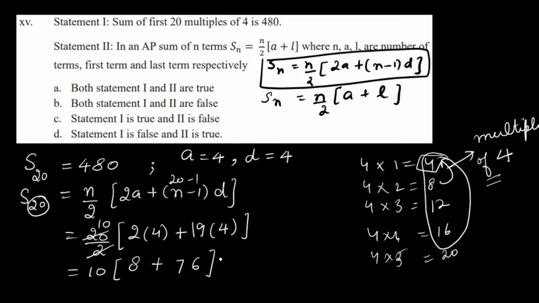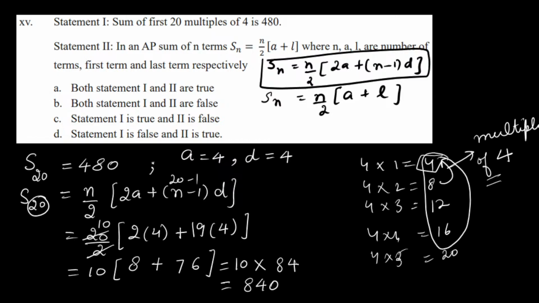So what is the value of the sum we are getting? 840. Yes, if you simplify this, we will get 10 into 84, and 10 into 84 is 840.